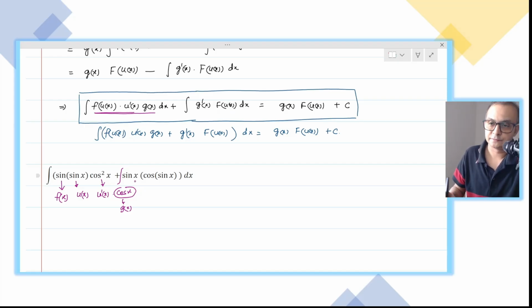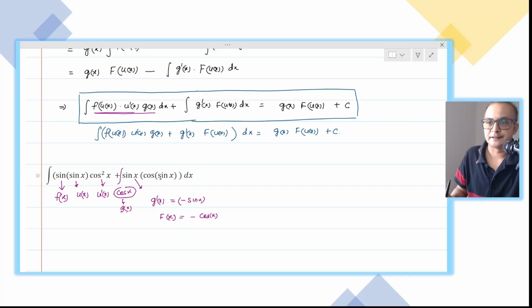So I have this sin x. If g(x) is cos x, what is g'(x) actually? g'(x) is minus sin x. And now I have small f as sine, so we integrate it, so I'll get capital F(x) as minus cosine x.